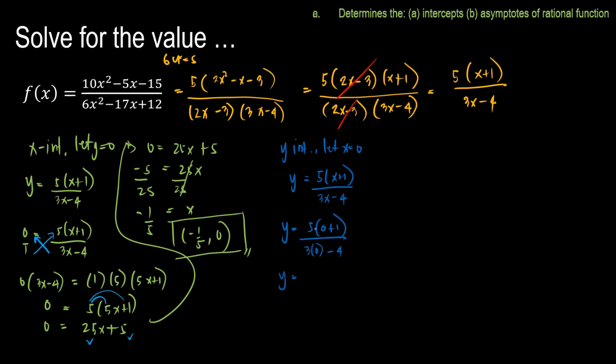So y is equal to, this one is equal to 1. 5 times 1 is 5. 3 times 0 is 0. Minus 4 is negative 4. Okay? So our y-intercept, given that x is equal to 0, is negative 5 over 4.